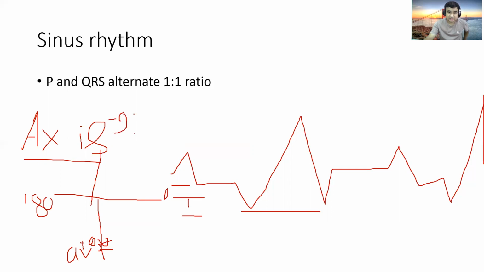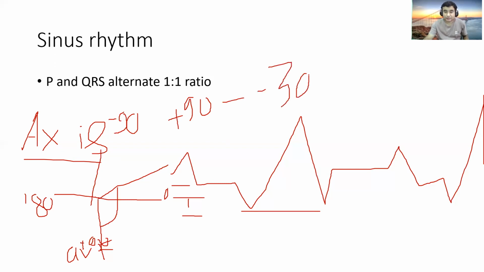The normal axis of the heart is in between here: plus 90 to minus 30 degrees is the normal axis.